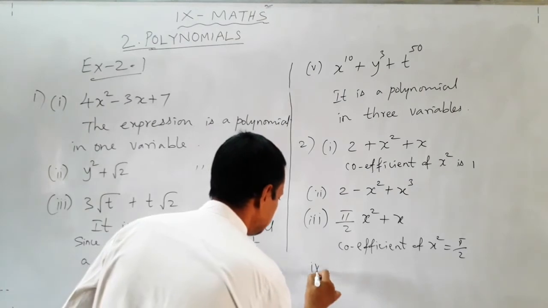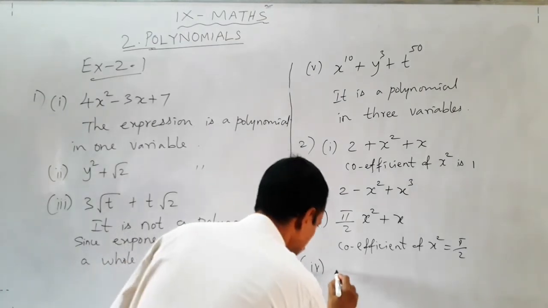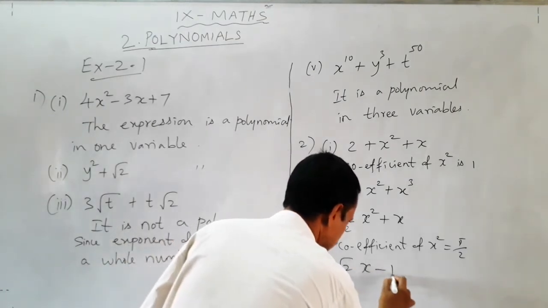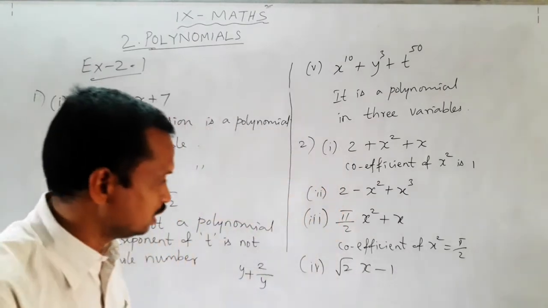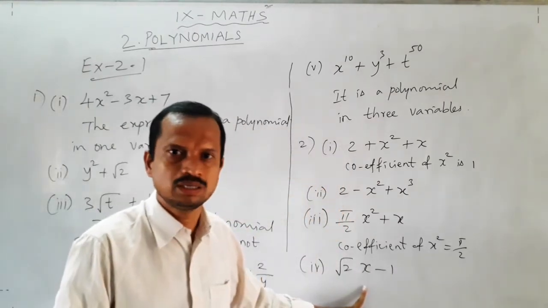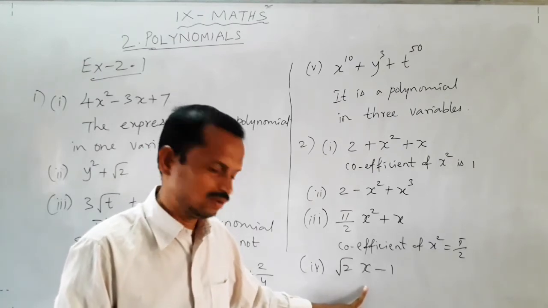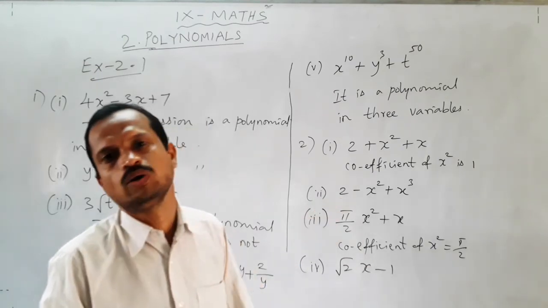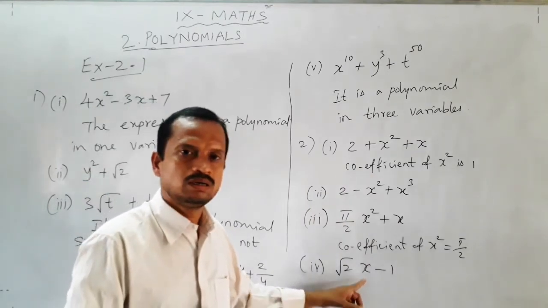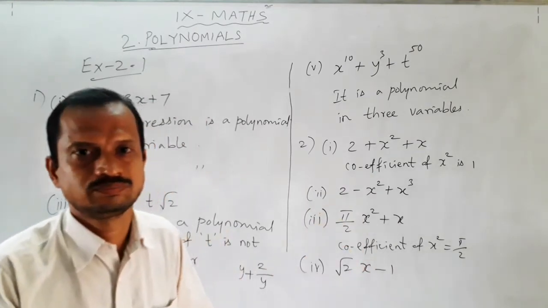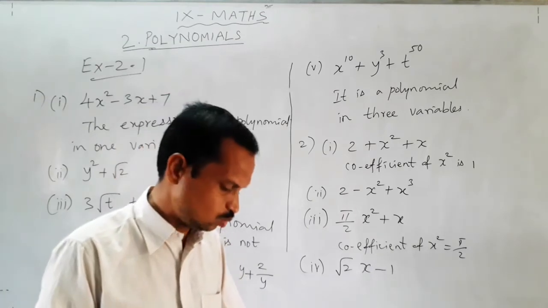Option 4. What is given there? Root 2 x minus 1. So here no x square term. Here x square term is missing. Therefore they are asking coefficient of x square only. Therefore here 0 into x square. Clear or not? So the coefficient is what?